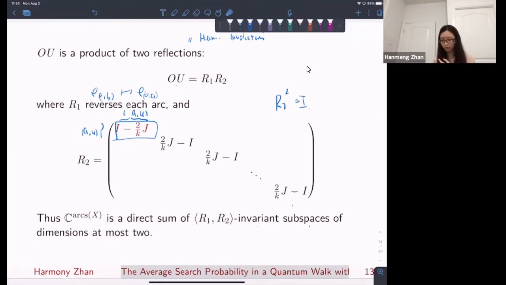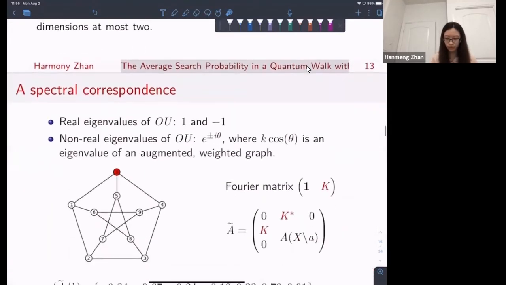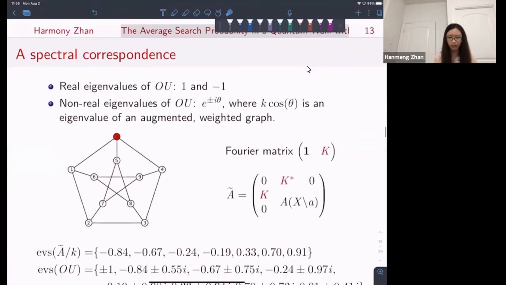Step one is to find the invariant subspaces, and step two is to diagonalize OU inside each of these 2-dimensional subspaces. At that point, you are just trying to solve a 2x2 linear system. Those are doable, and I will omit the details and just tell you the result.